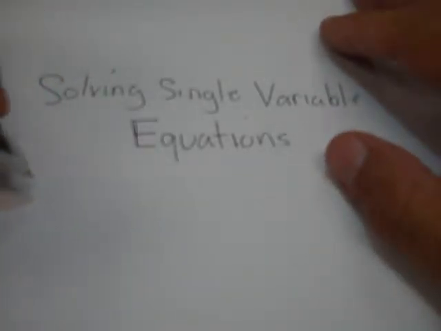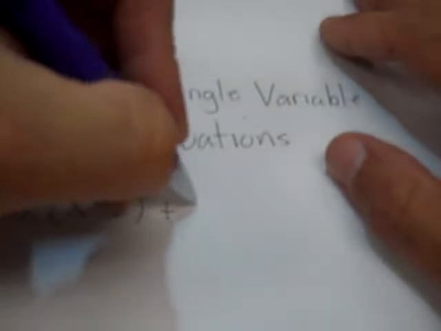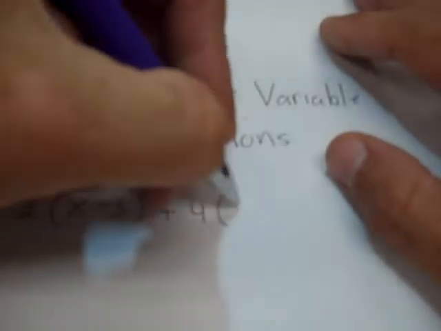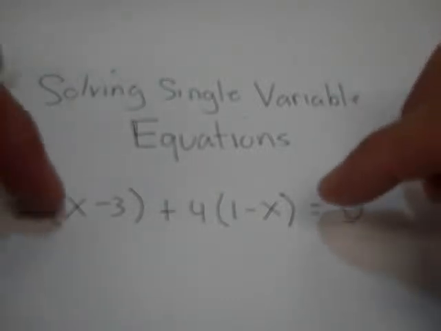For example, if we take the equation 2 times the quantity of x minus 3 plus 4 times the quantity of 1 minus x, and we set that all equal to 0, then we're looking at solving an equation with a single variable, x.